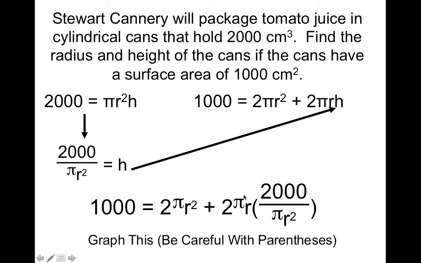But then you have to think what realistically would be good values for the radius, and you're not going to have a radius that's in the hundreds. It's going to be pretty small. So you set up your graph, and you should get something like this. Again, the x value was your radius. The y values, your y-axis, one of the things you graphed was 1,000, which is your surface area.